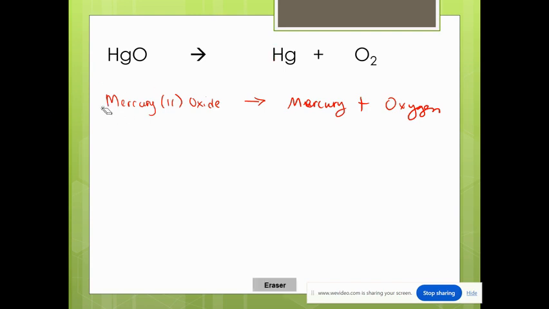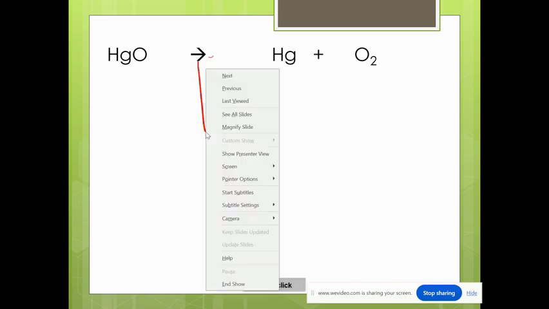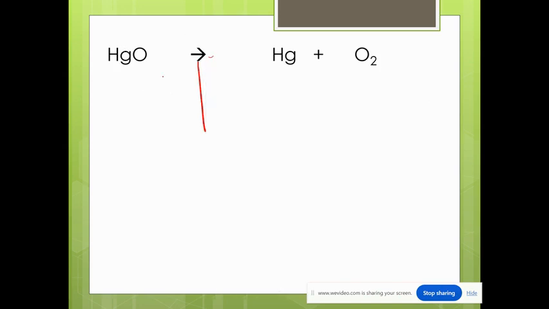All right. So that being said, let's learn how to balance equations. First of all, I tell you to start by drawing a line below the arrow to separate your products from your reactants. Then I'm going to write an HG here and an O. I'm going to write the same inventory over here in the same order.